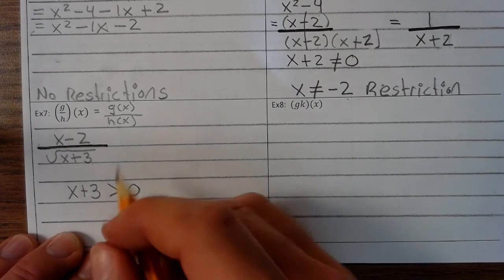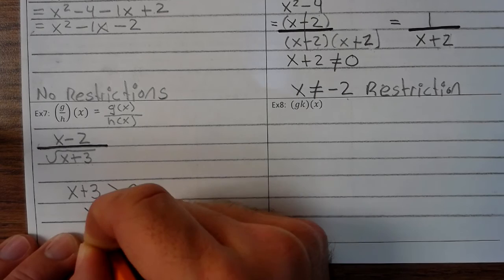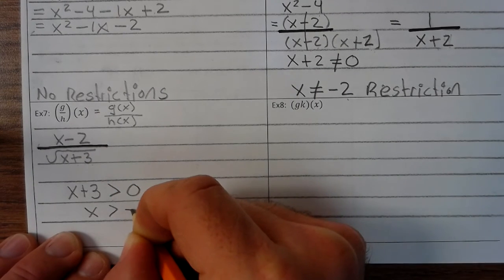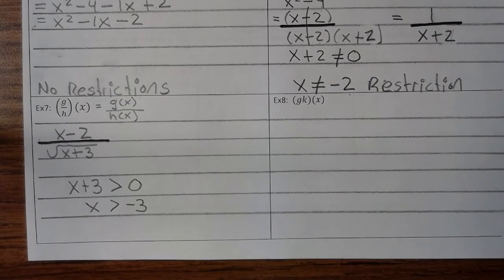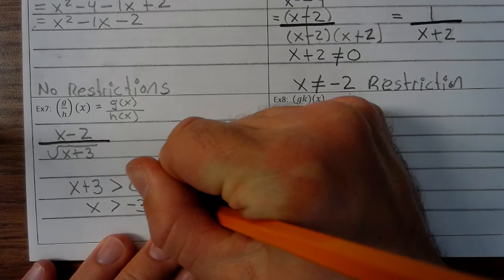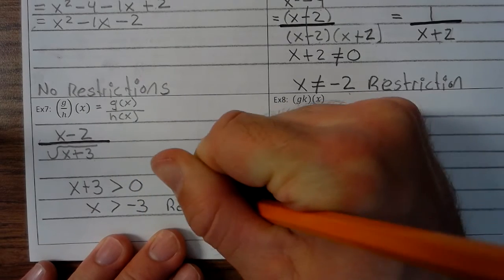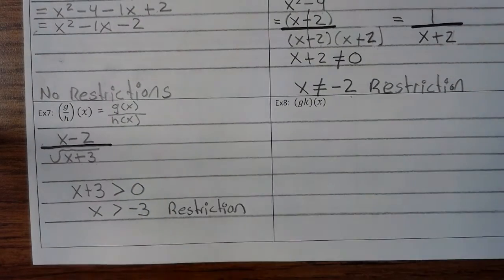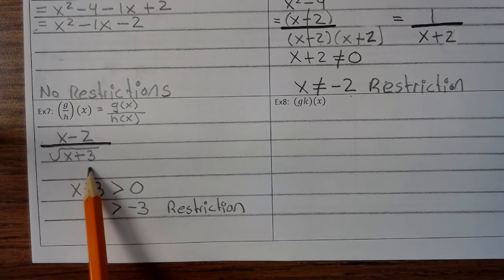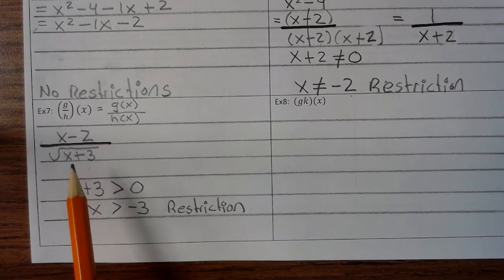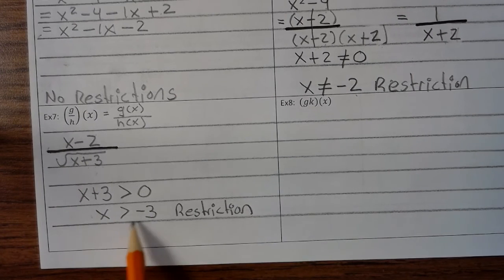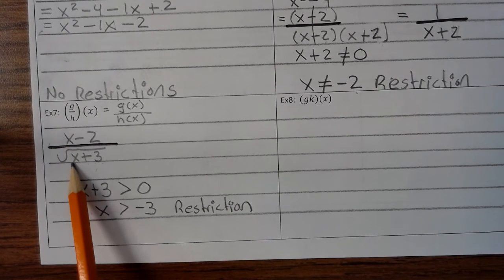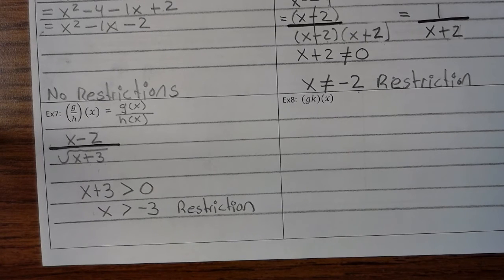So we subtract 3 from both sides, so x has to be greater than negative 3 is your restriction. Because negative 3 makes that 0, which makes this undefined, but anything that does not meet here would make this imaginary, and you can't have imaginary as well, okay?